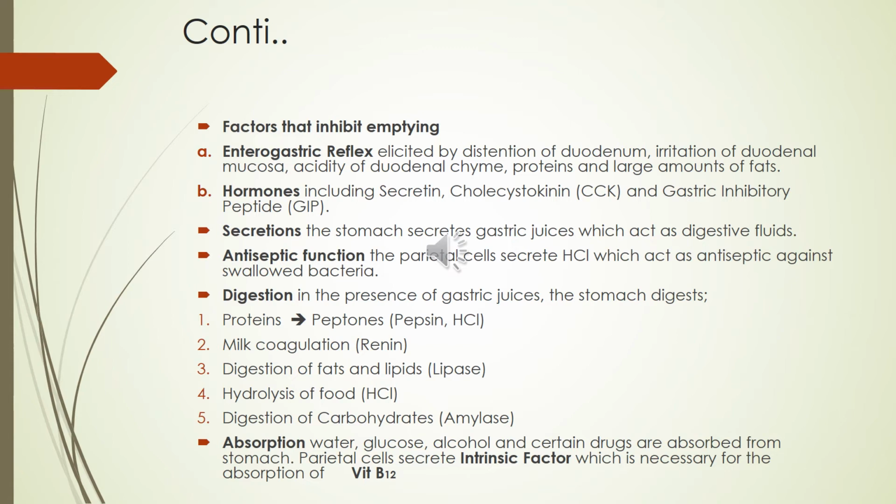And next we come to digestion. In the presence of the gastric juice, the stomach digests protein to peptones with pepsin, and milk coagulation by renin, and digestion of lipids by lipase, hydrolysis of food by HCl, and digestion of carbohydrates by amylase. We have already learned about all this stuff. Then the absorption of water, glucose, alcohol, and certain drugs.